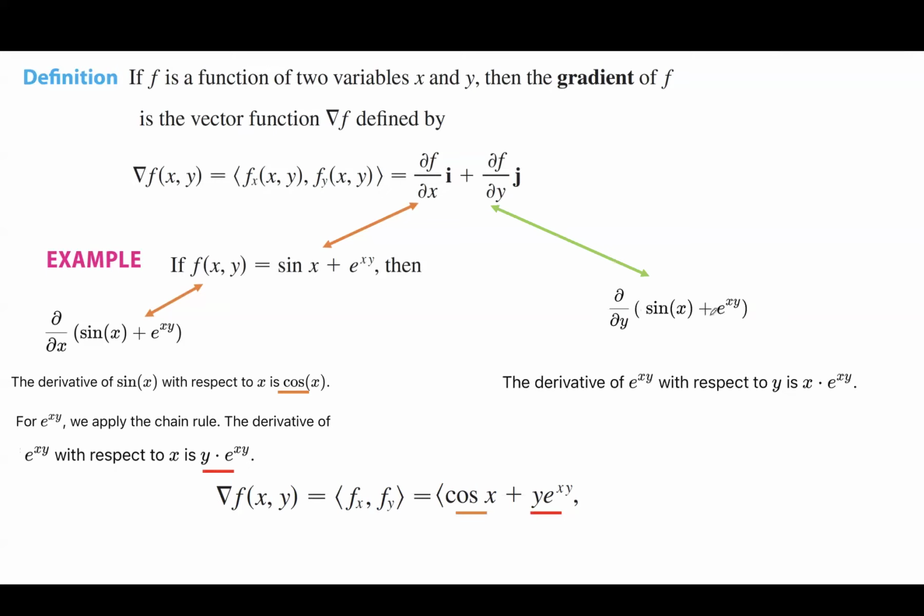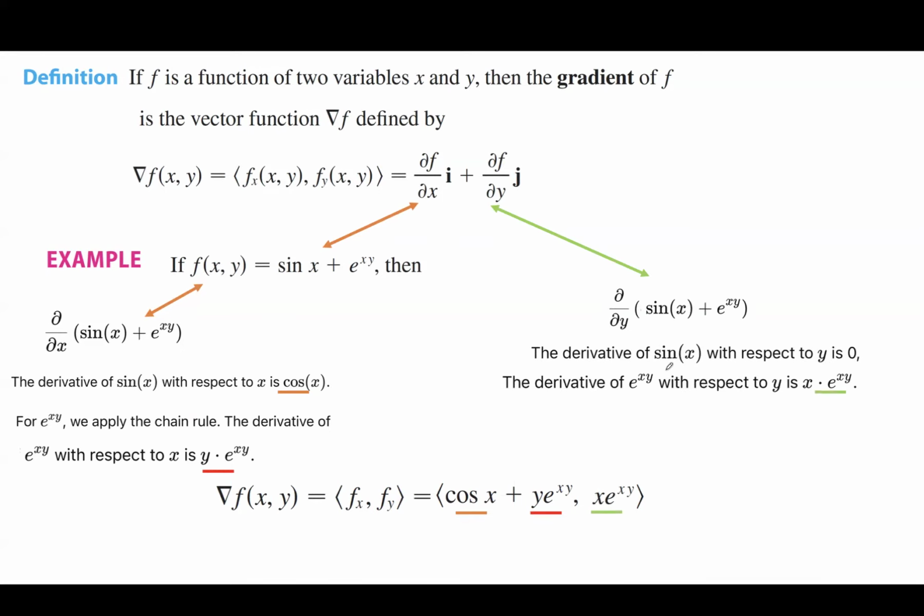But for e to power xy, the derivative with respect to y is x e to power xy. And as I mentioned, the derivative of sine x with respect to y is 0. This guy basically acts like a constant. So now you can write down the second part of your gradient, which is x e to power xy.